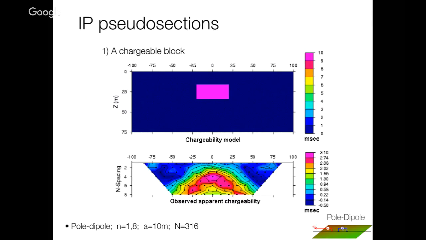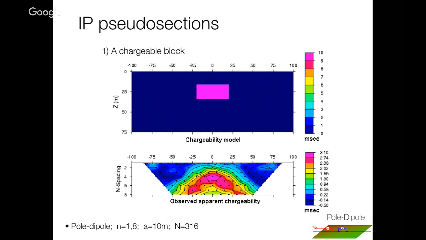So now let's see what we have. So here's a block. So everything here is the same. Same conductivity, but the block is chargeable. And now we go ahead and we're going to do that IP experiment over top of it. We're going to get IP data, we're going to plot it up, and we get this pseudo section.